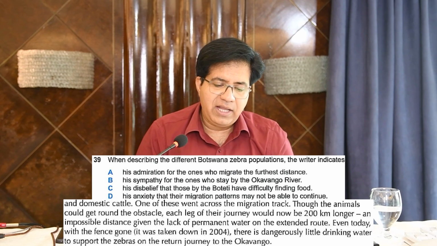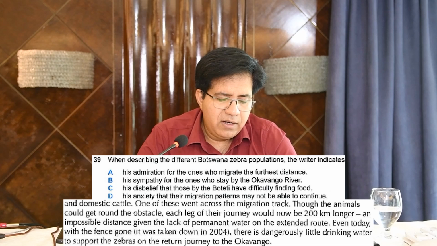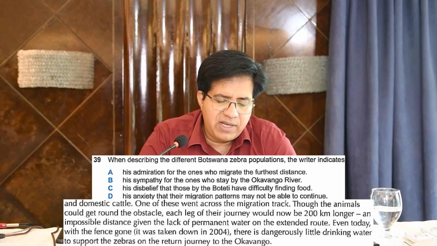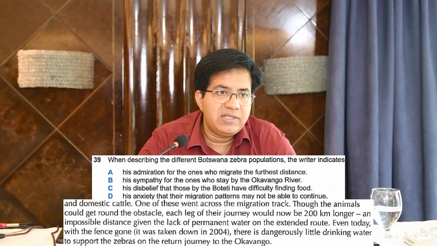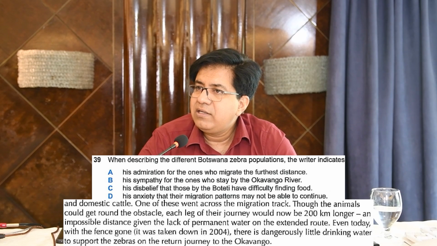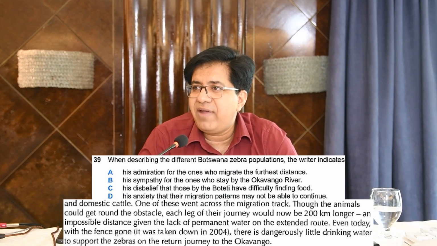Now let's go back. When describing the different Botswana zebra populations, the writer indicates: option A, his admiration for the ones who migrate the furthest distance. Option B, sympathy for the ones. Does she show any sympathy? Does she say, oh, sorry, they went and all that?